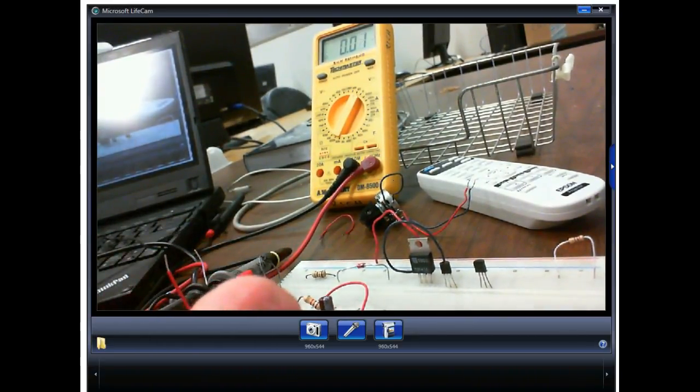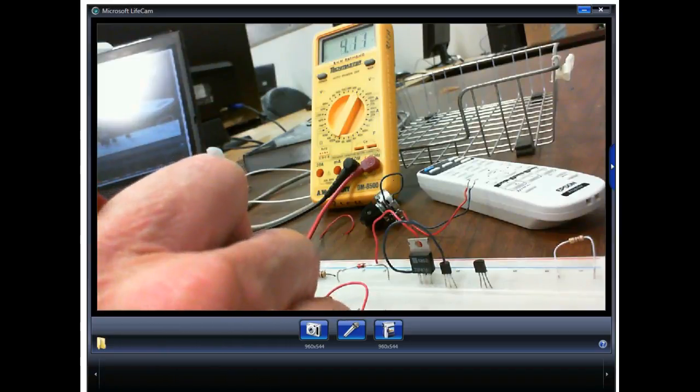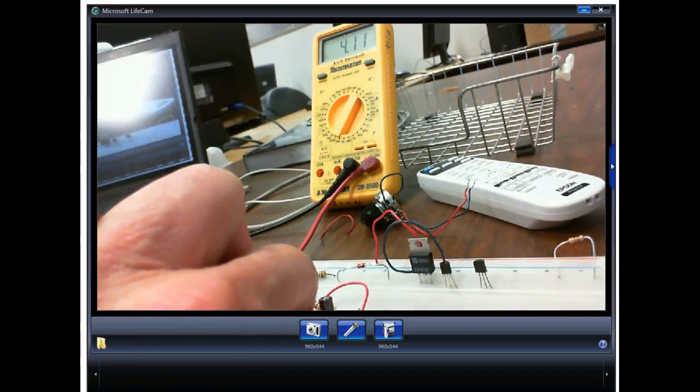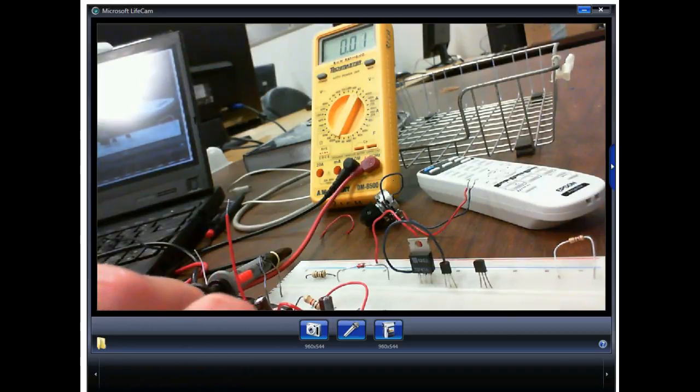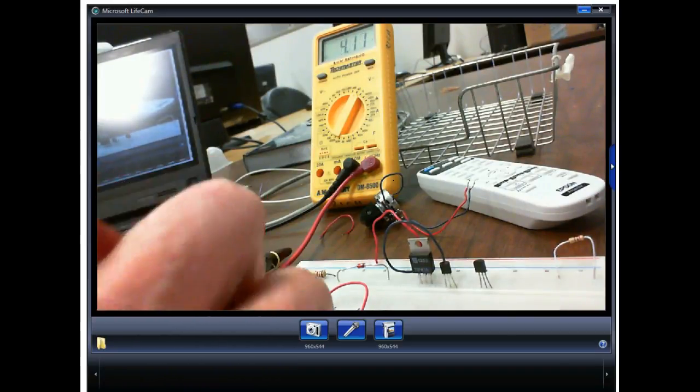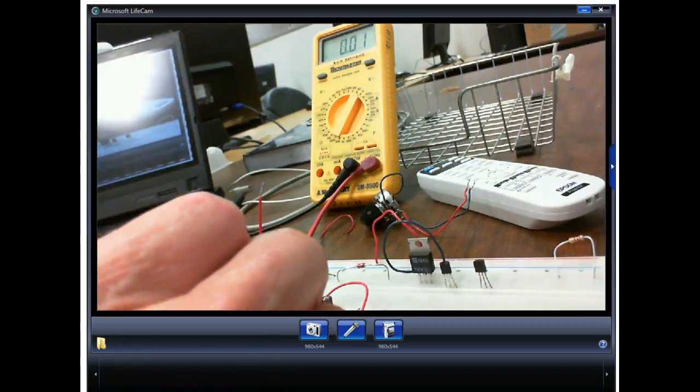Okay, so here's VB. Oh, VB went down. Let's see what VE is going to do. Let me check my supply voltage. My supply voltage is still the same. Okay. This guy right here went down. It's acting like a common emitter. And of course, this guy here is still dropping about 0.6 of a volt.